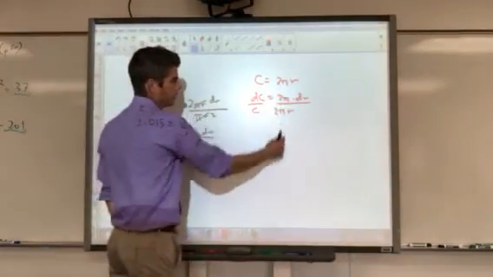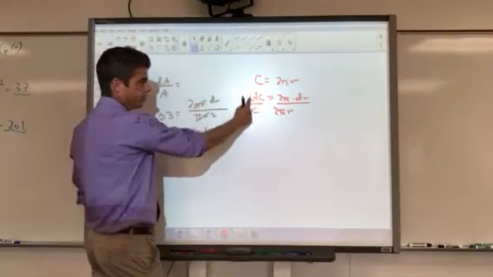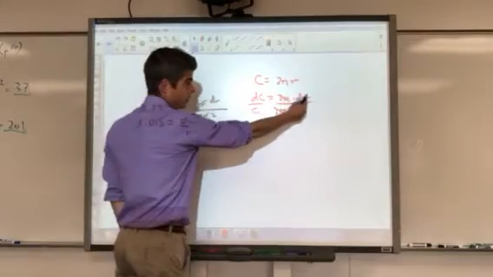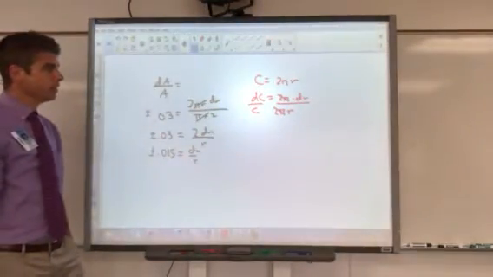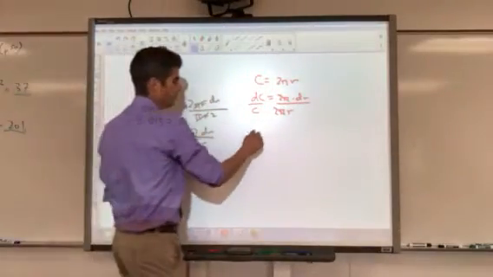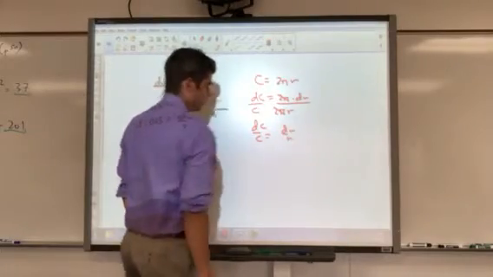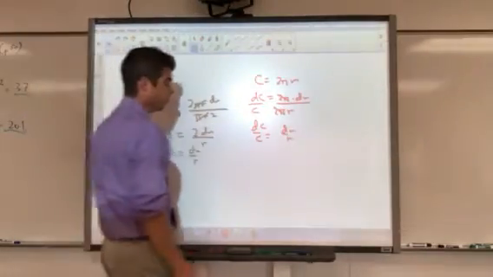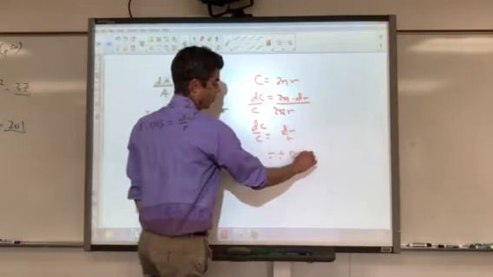The 2 pi's cancel, and the relative error for circumference is actually equal to the relative error for your radius. So that means this dr over r is exactly what I was looking for, and that's plus or minus 0.015.